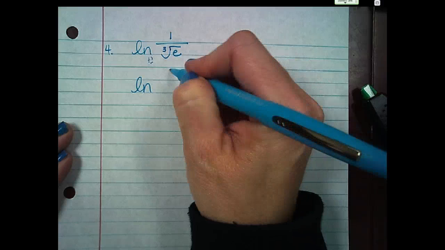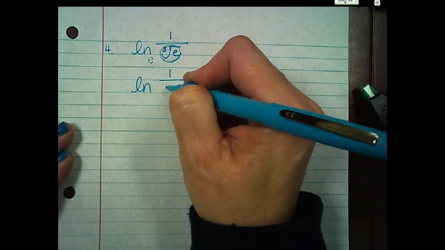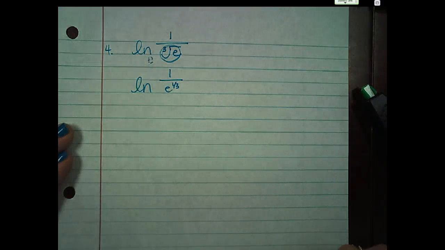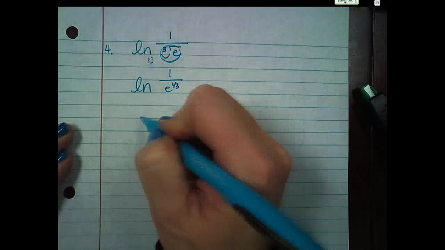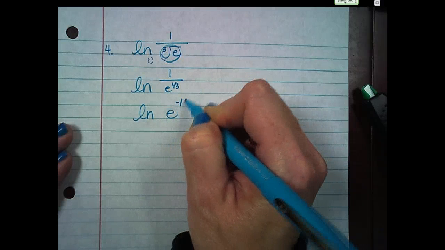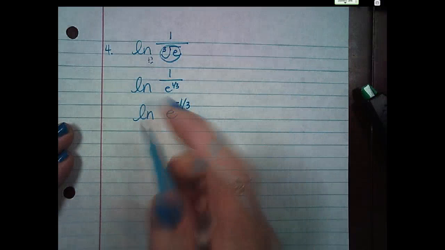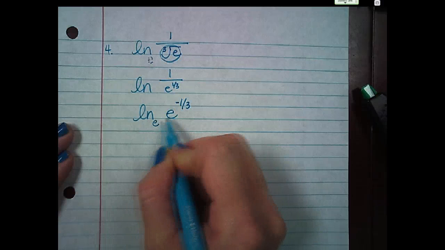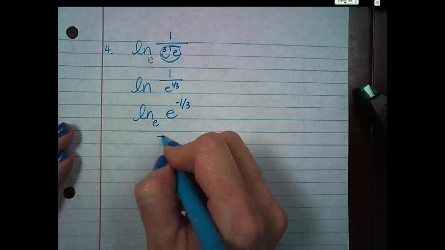This is 1 over e to the 1/3 power, correct? And anytime you have an exponent in the denominator, it becomes negative. So this is the same as e to the negative 1/3. Correct? So what is the exponent that gets me from e to the negative 1/3? It would be negative 1/3.